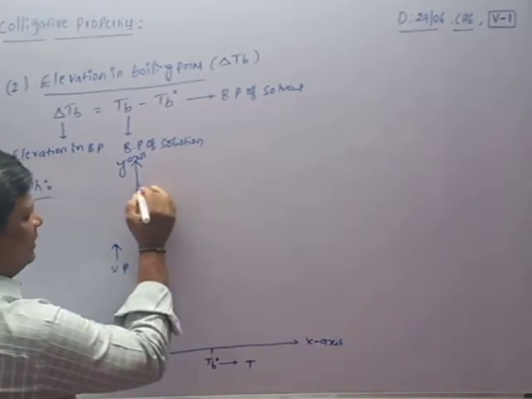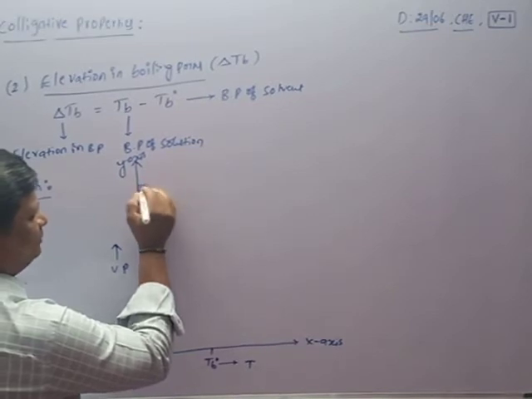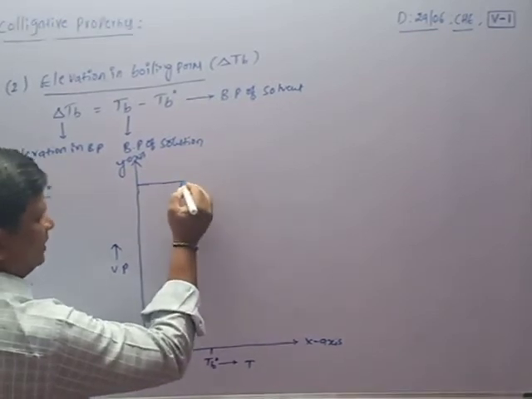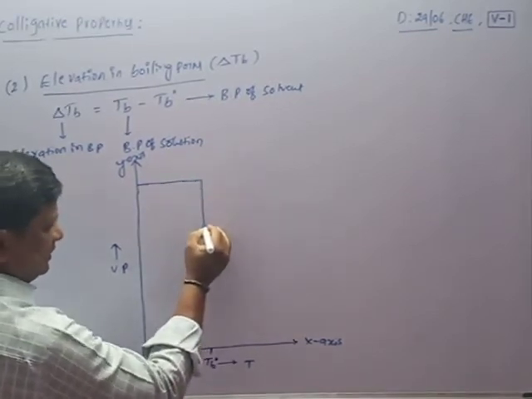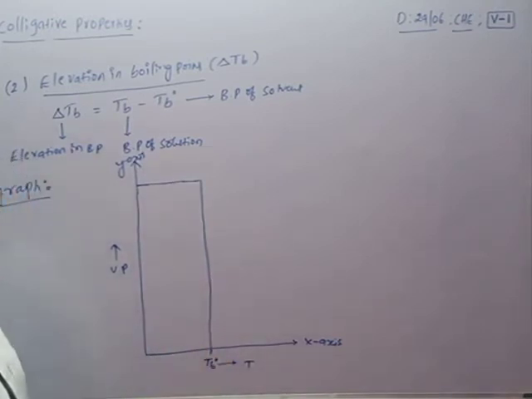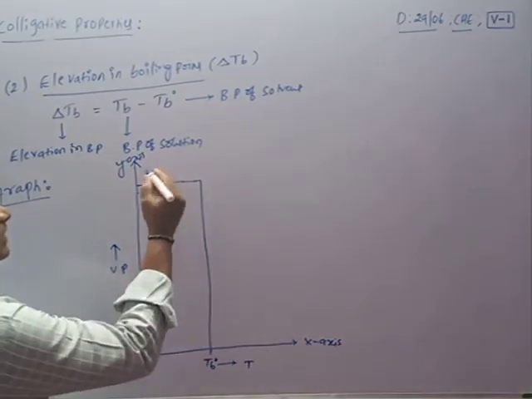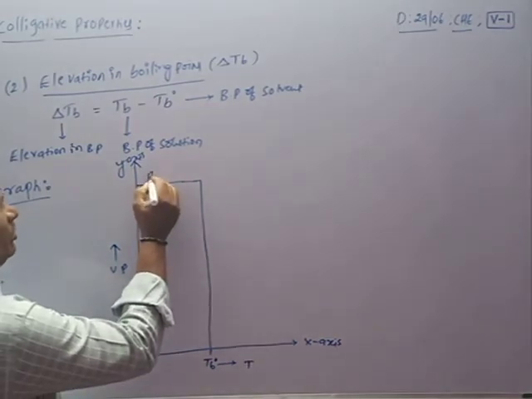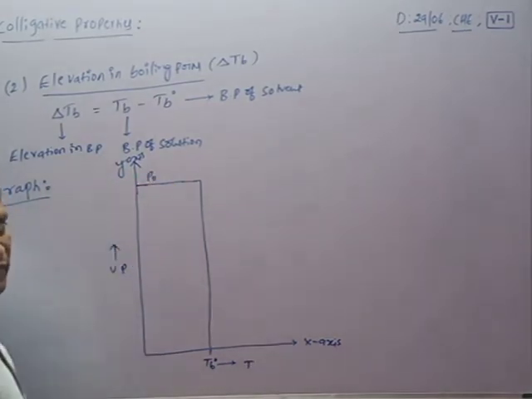Then this is the vapor pressure of the solvent. The vapor pressure of the solvent is denoted P naught, and the vapor pressure of the solution is PS.